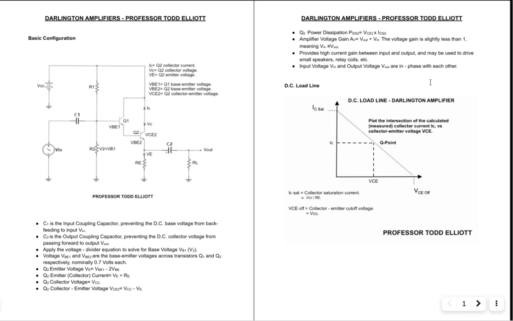But anyway, the arrangement as far as the DC biasing goes, it's still the voltage divider, and you will see the base voltage of transistor Q1. Notice there are two transistors, we'll talk about that. The base voltage of Q1, VBE1, that is the voltage from the base of Q1 to the common ground, which is the voltage across resistor R2. So that is this voltage right there.